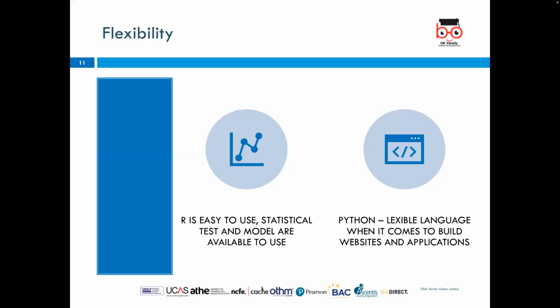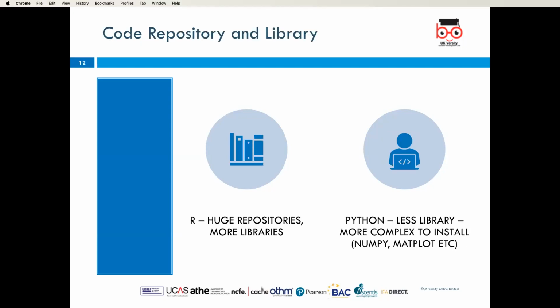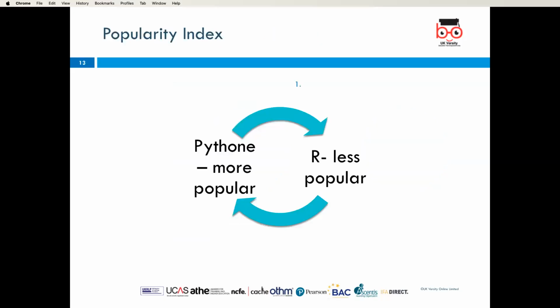So what about flexibility? R is easy to use, and statistical tests and models are available. While Python is a flexible language when it comes to building websites and applications. Python has huge code repositories and libraries. R has fewer libraries and is more complex to install, such as NumPy, matplotlib, etc. About the popularity index: R is less popular, while Python is more popular.